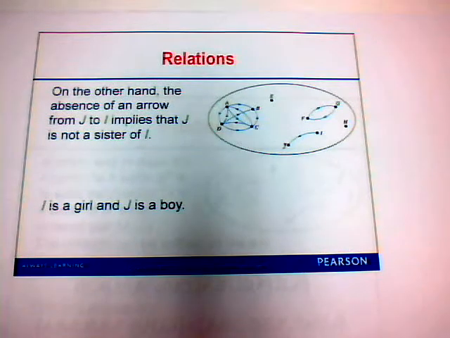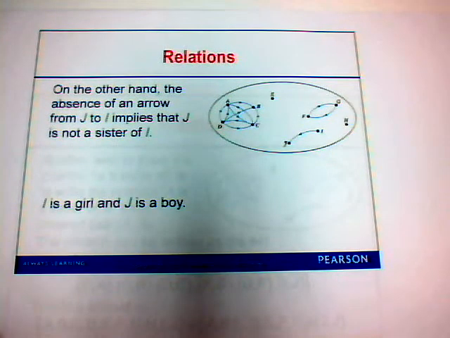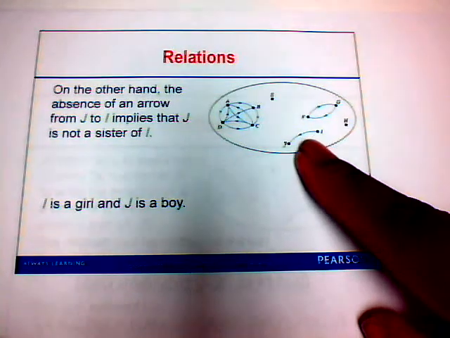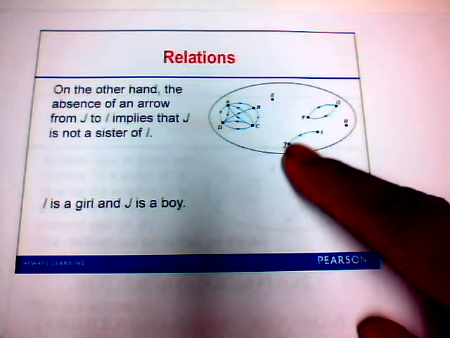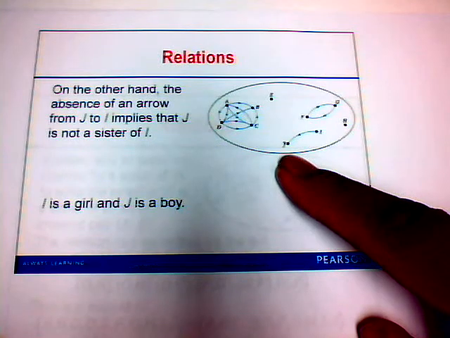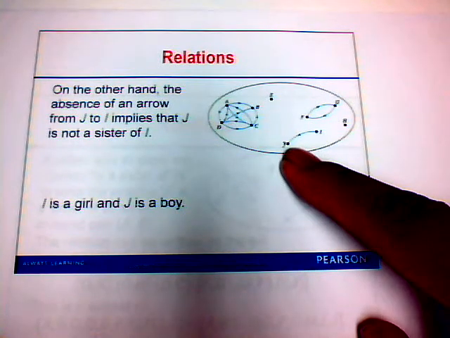On the other hand, the absence of an arrow from J to I implies that J is not a sister of I, as you can see here. So I is a girl and J is a boy.